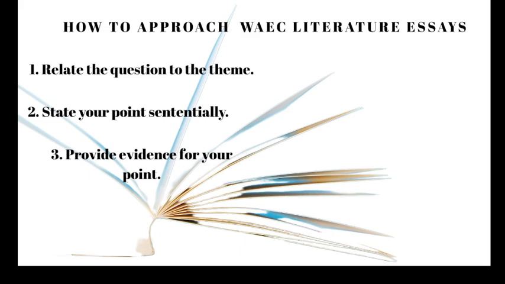Providing evidence for your point is divided in 2. The first is that you would make reference to certain instances in the text where the question is coming from, where the point you have made earlier on in your opening paragraph is valid.